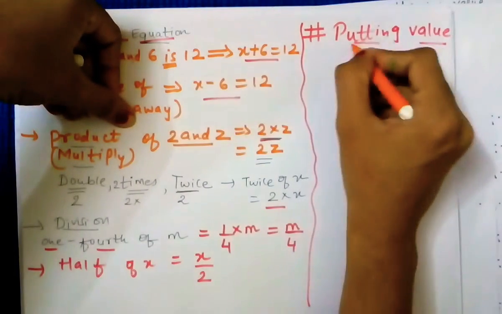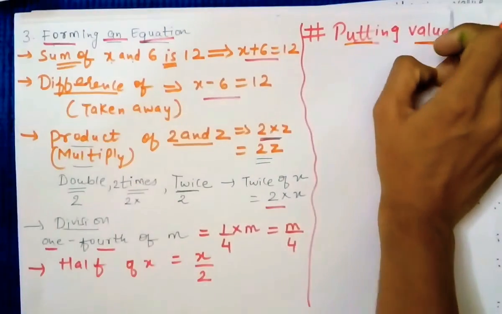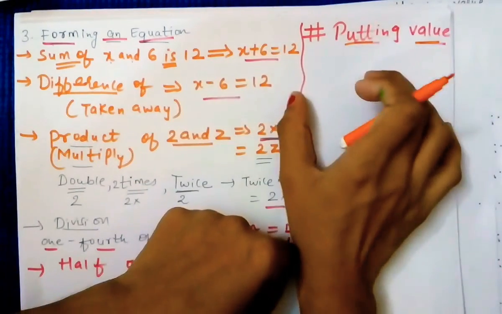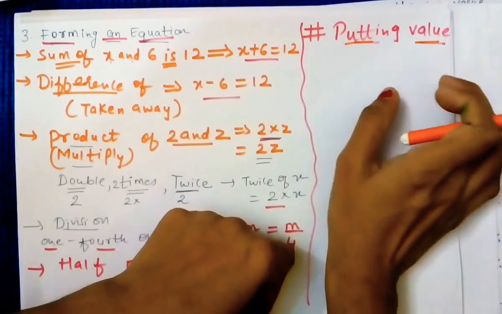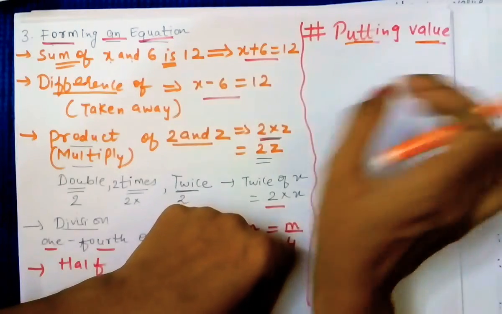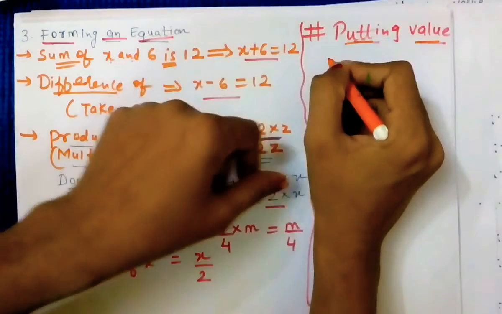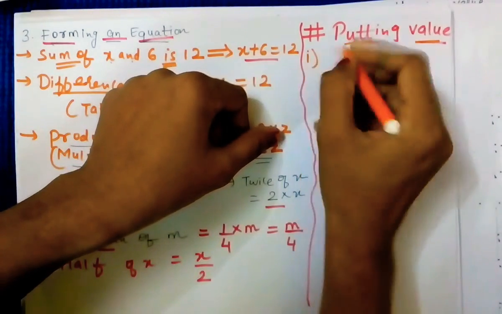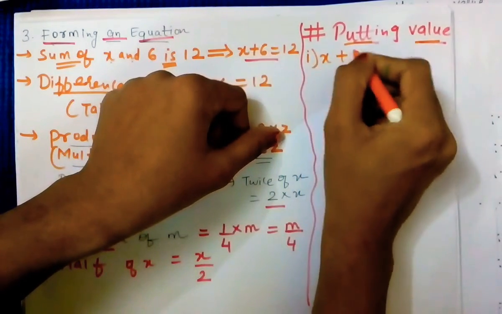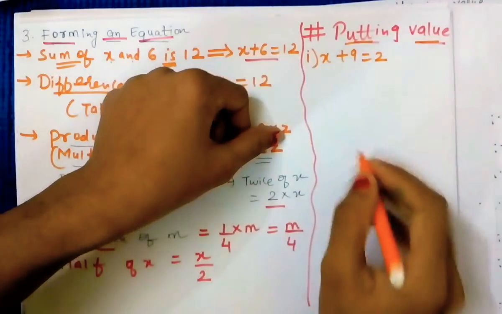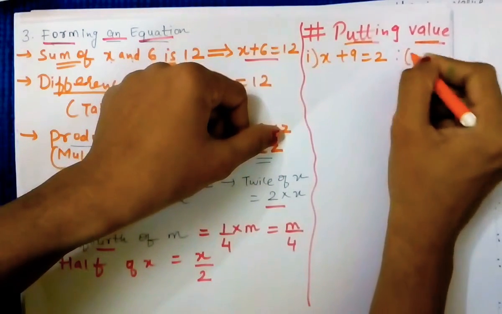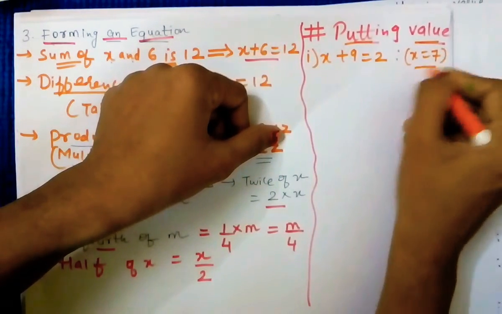Next we will see putting values, how to put values. Here an equation is given to you and the value of the variable is given, and we have to put that value and find the answer. Let us take one example. For example, I am taking x plus 9 equal to 2, and the value of x is given as 7, x equal to 7.